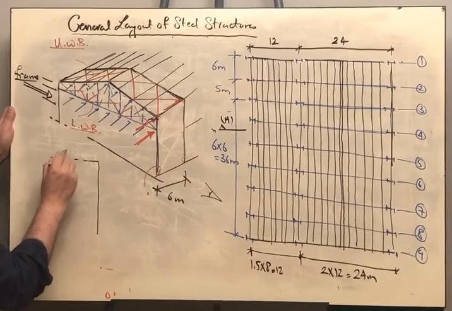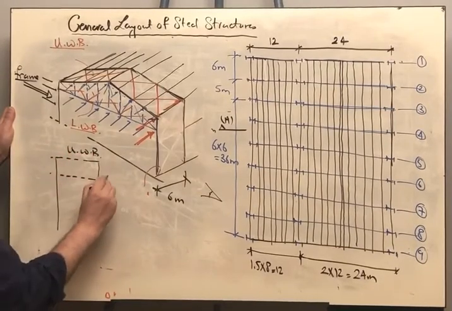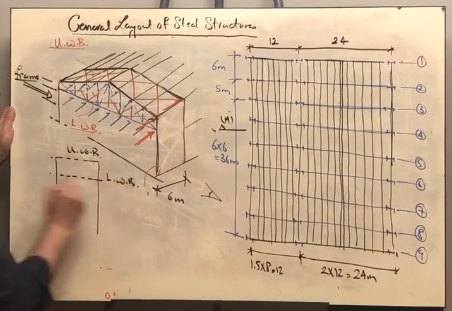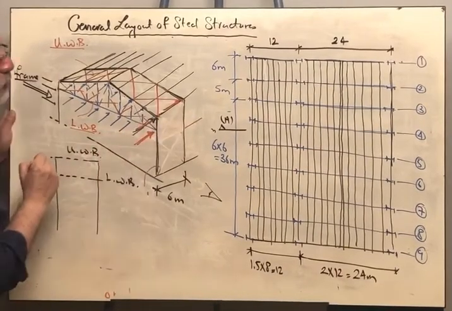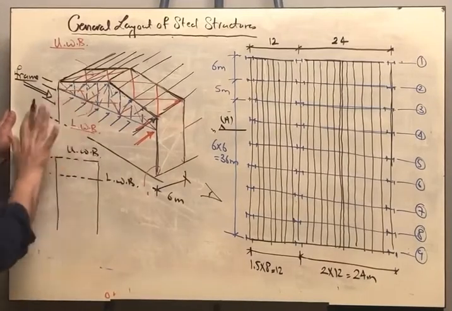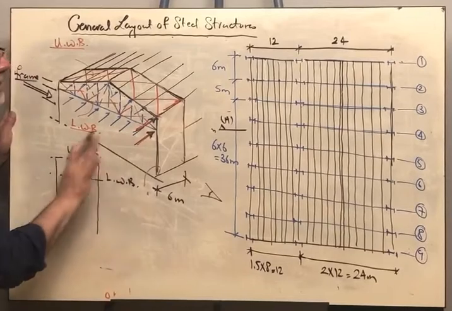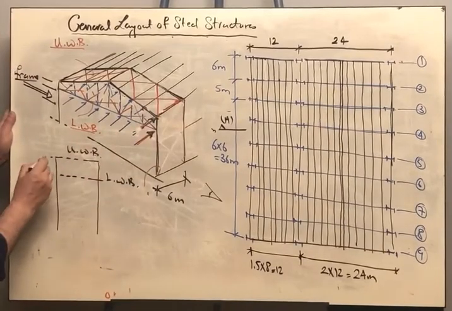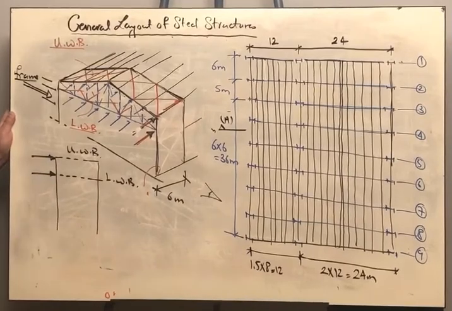Here at this level we are having the upper wind bracing, and at this level we are having the lower wind bracing. At the upper wind bracing we are having an upper force caused by the wind coming on the facade, and at the level of the lower bracing also we are having another force. So we are having a force here and we are having a force like this.